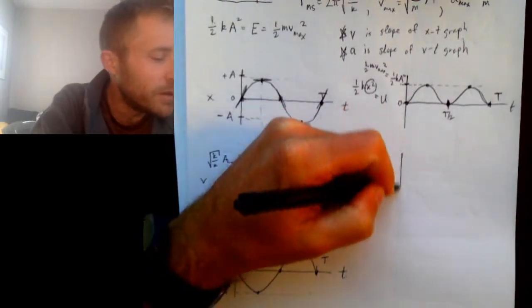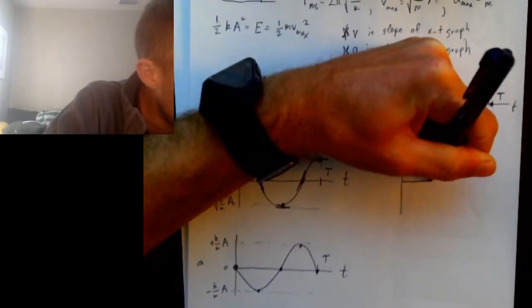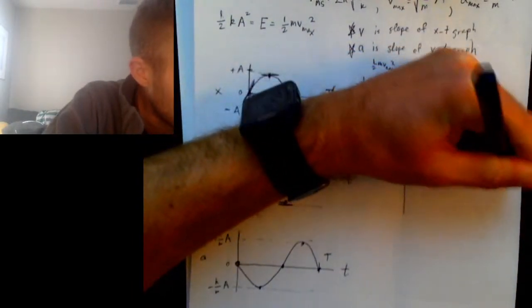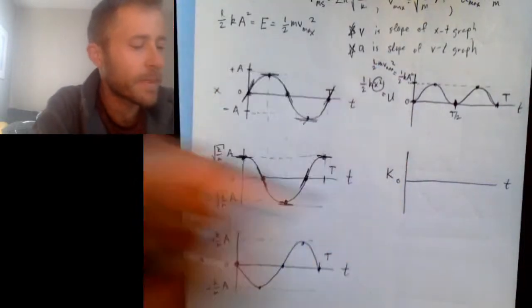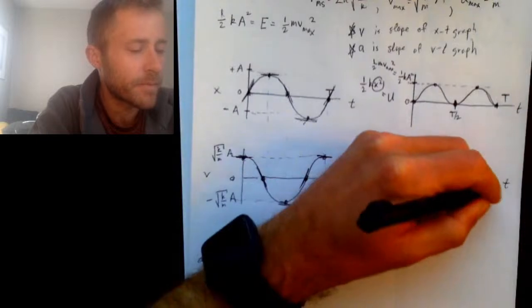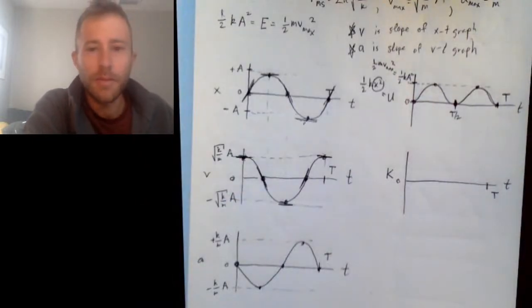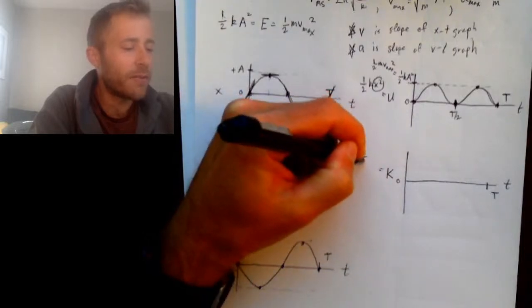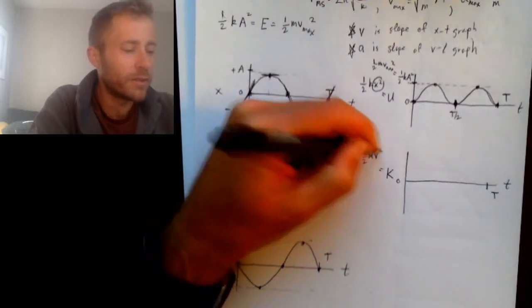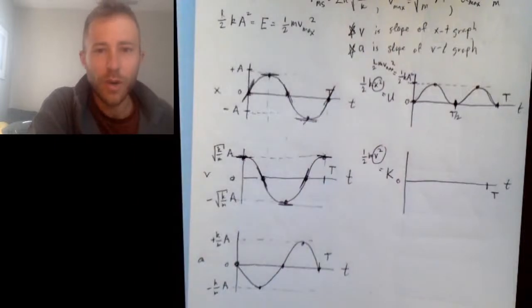The next graph I'm going to draw is the kinetic energy as a function of time. All right. And so kinetic energy is 1/2 mv squared. So notice how I square the velocity.